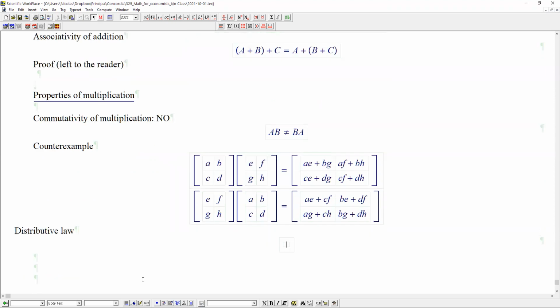So if I have A that's m times n, that multiplies B plus C, where B is n by p and C is n by p.